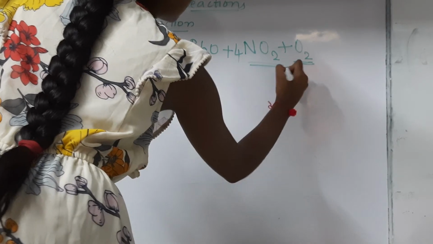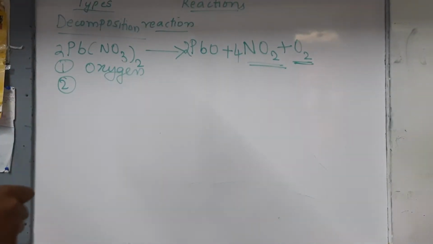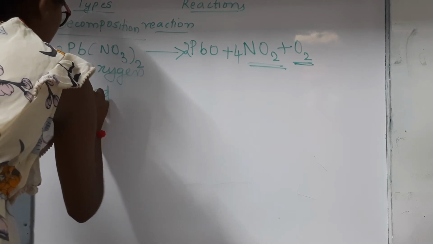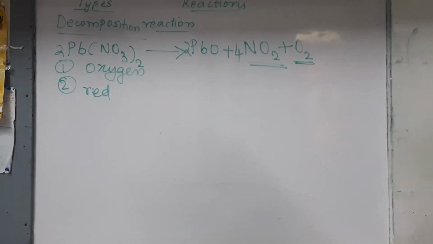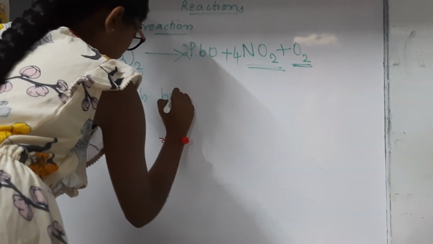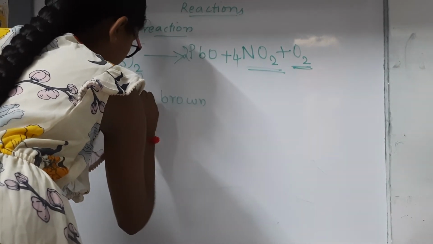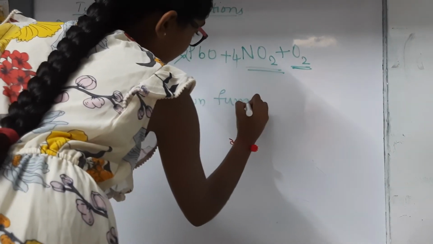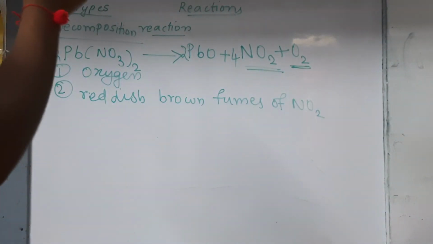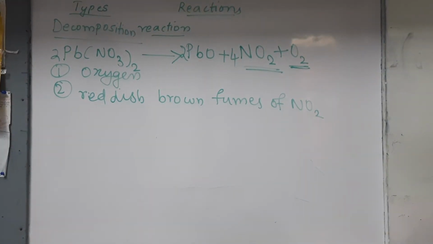The second observation is nitrogen dioxide. You have to tell reddish brown. Always remember, not only brown, ICSE always prefers reddish brown. So you have to write reddish brown fumes of NO2.